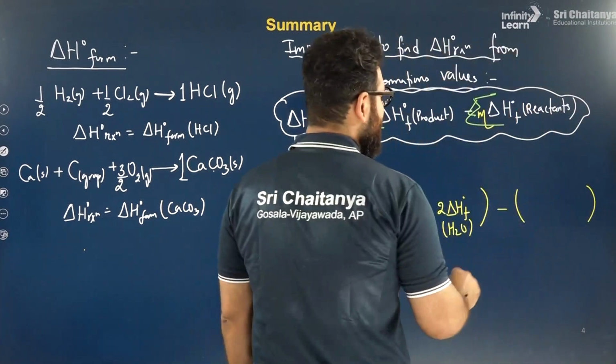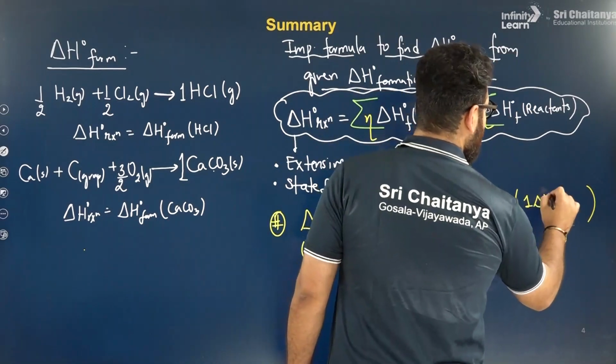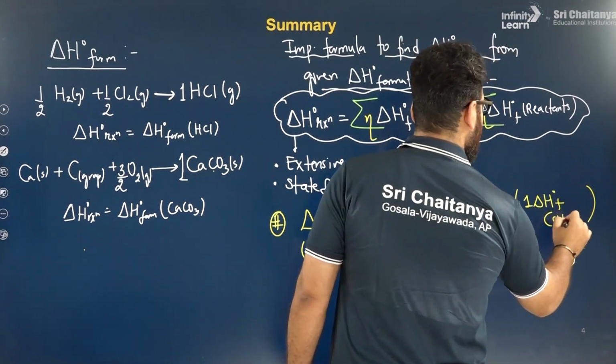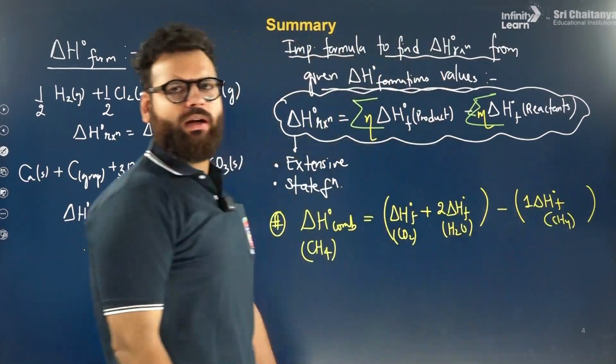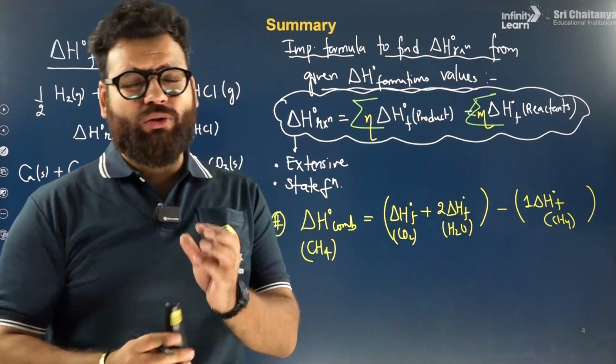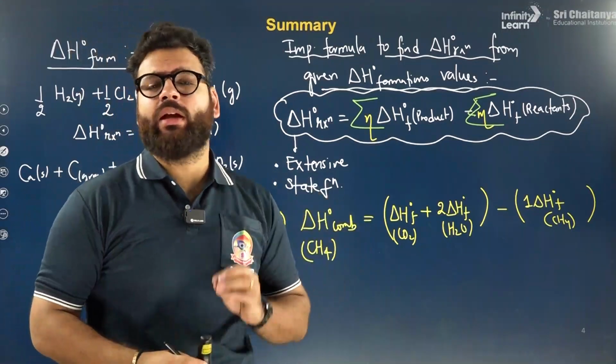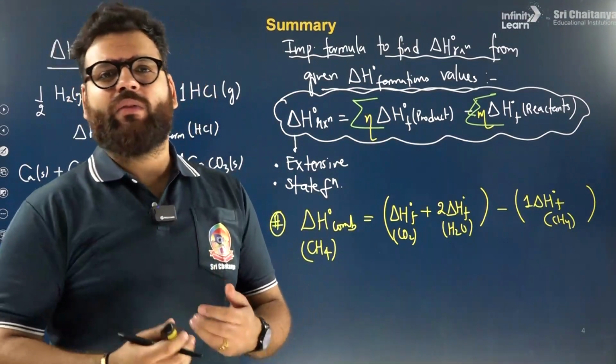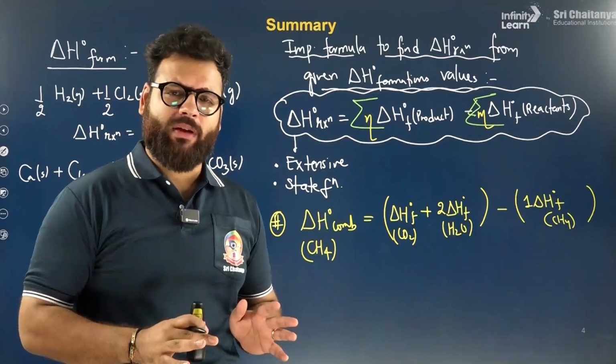On the left hand side we had 1 mole of methane and oxygen is 0, so I am not writing it here. Like this you can relate any enthalpy. Once you know what reaction is behind that enthalpy, you can relate any enthalpy with the formation enthalpy, any enthalpy.